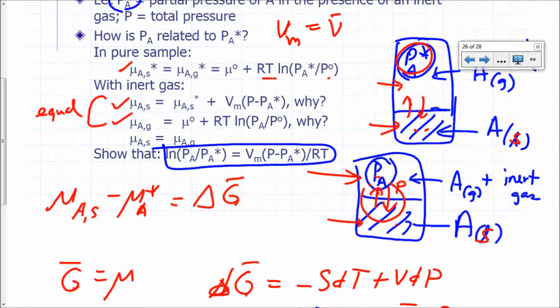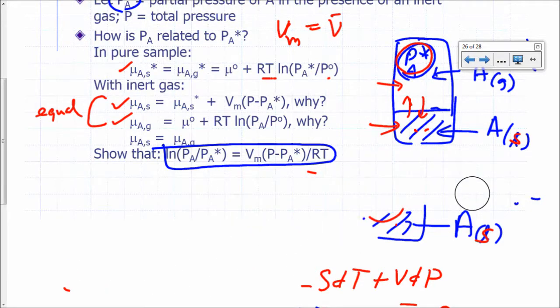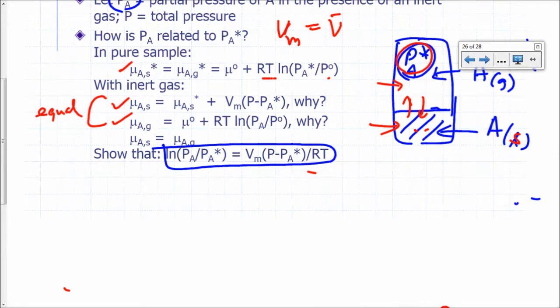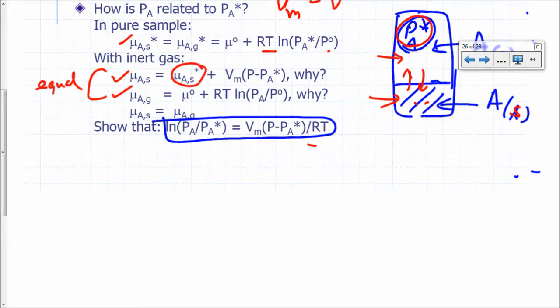All right. So from all of these, you should be able to show this relationship right here. Let's do that. We say that mu A solid is mu A solid star plus molar volume times P minus PA star. I'm going to make the substitution here.